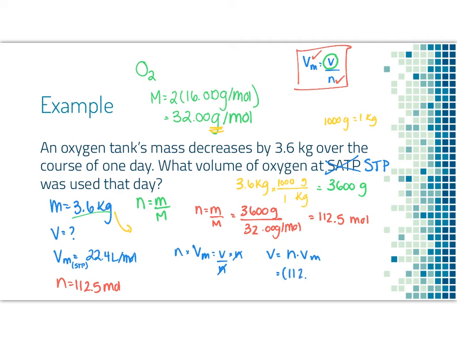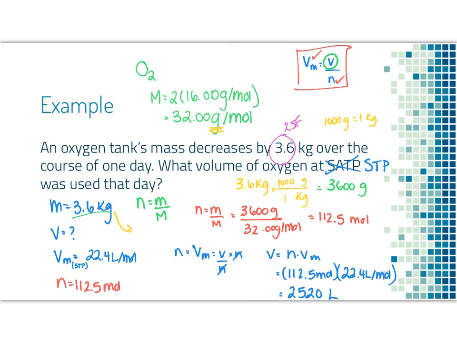So 112.5 moles of oxygen times my molar volume at STP, which was 22.4 liters per mole. And I get 2,520 liters.